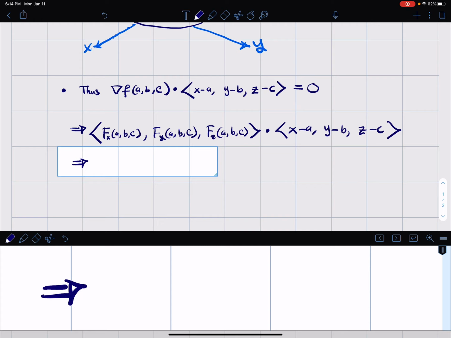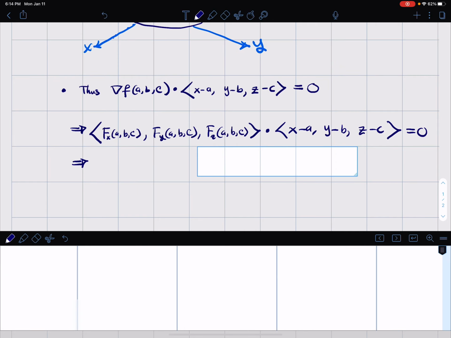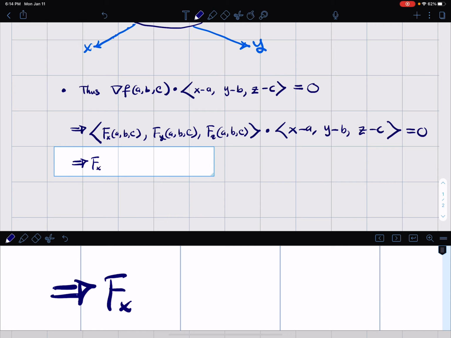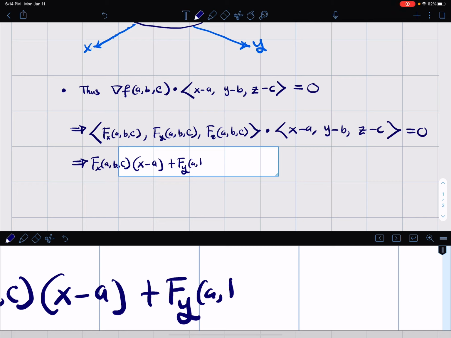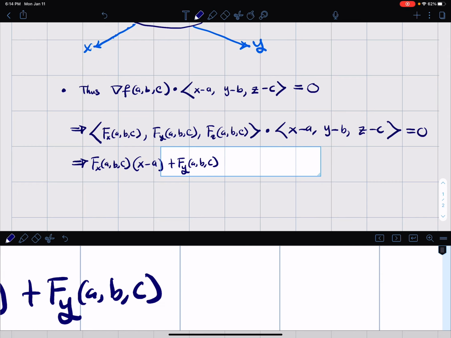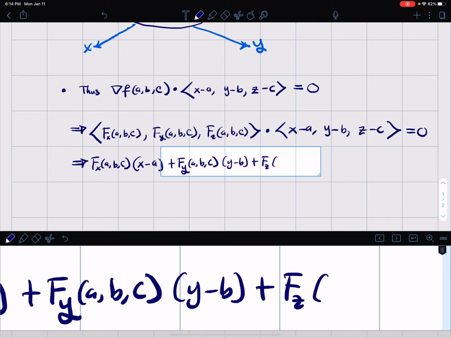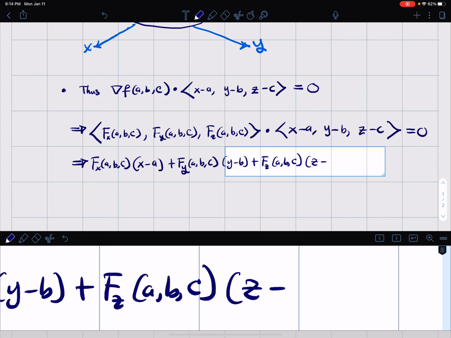So if that's the case, then we're going to have that F_x at (a, b, c) times (x minus a), plus F_y at (a, b, c) times (y minus b), plus F_z at (a, b, c) times (z minus c) is equal to 0.